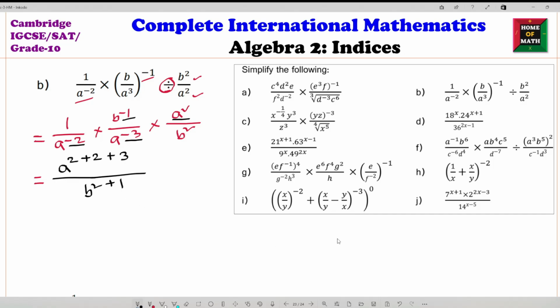Now look, we know a to the power minus 1 means 1 by a to the power n, and we also know a to the power m divided by a to the power n, once the bases are the same, in division the power will be subtracted, it means a to the power m minus n, right?